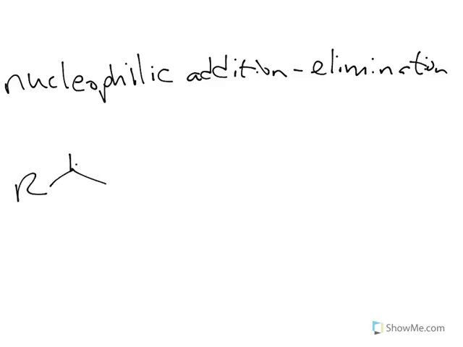So if we look at something like an ester, and we react this with ammonia, for example, which would be a nucleophile, what we're going to do is add the nitrogen and eliminate the oxygen.